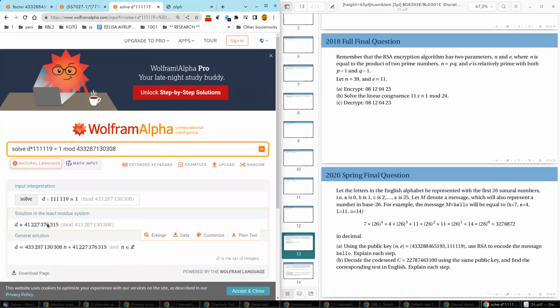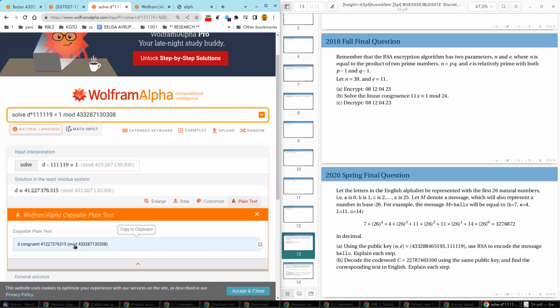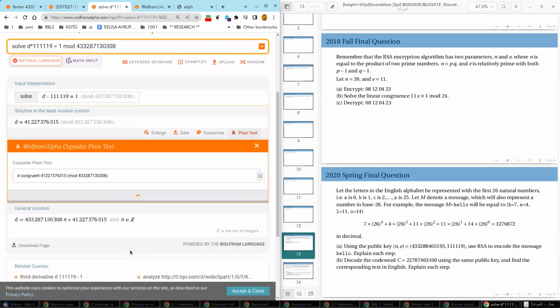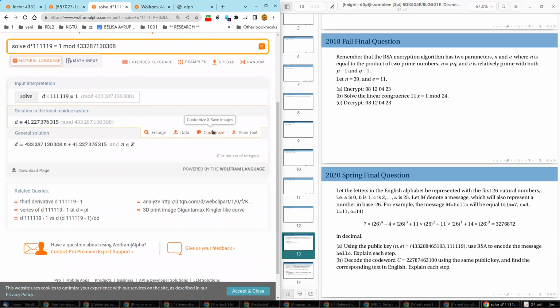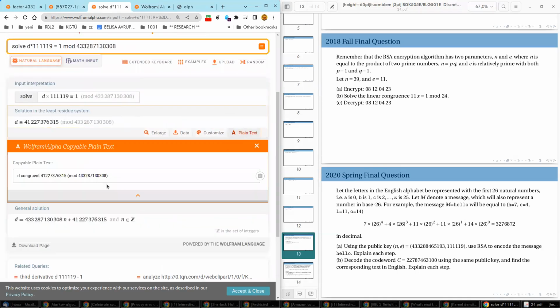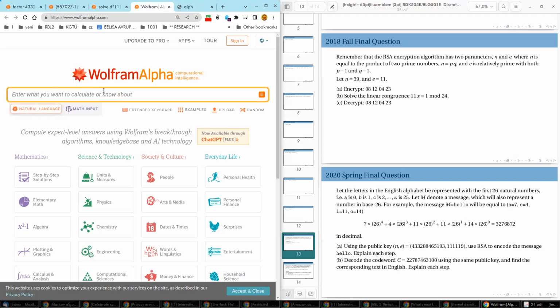Okay, now I have this. I can decode this code word, and I remember how to do that. Let me just copy this number. So this is the D value.